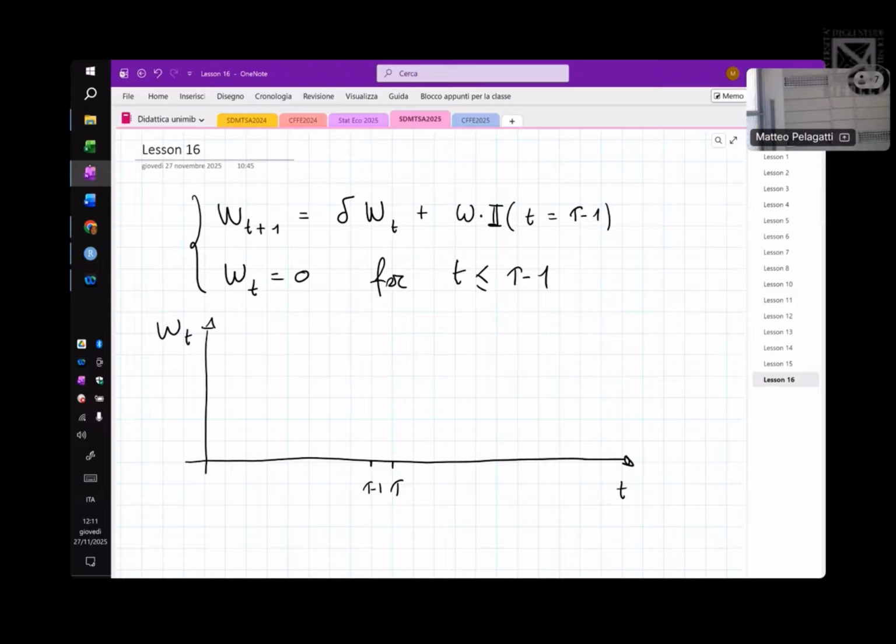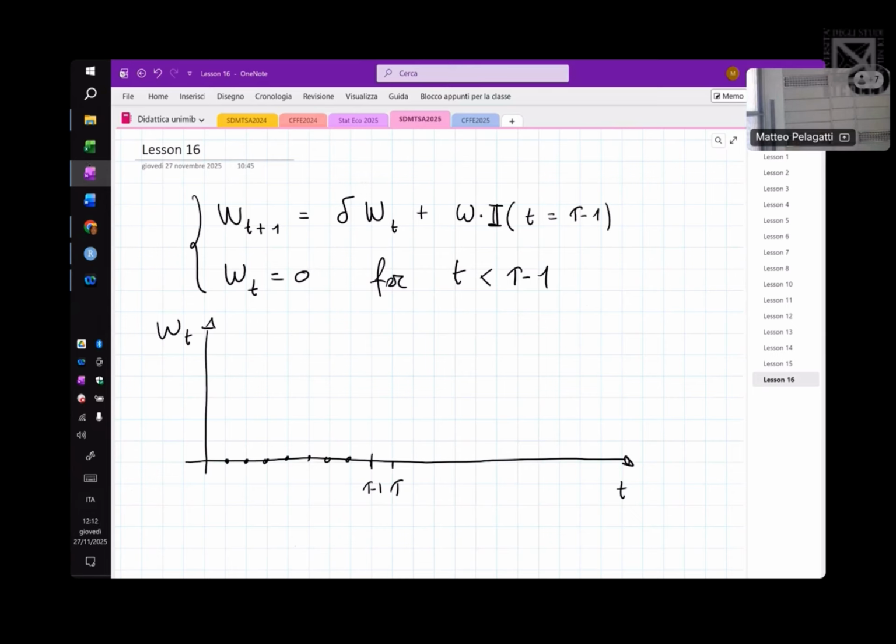So we start from 0, because t is smaller than tau minus 1. So this starts from 0. Then we have this tau minus 1 moment, which would be June 2003 in our case. And what happens?